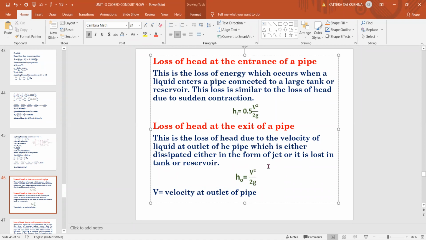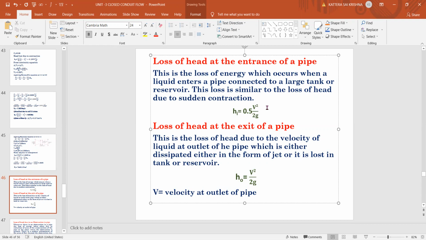So this V is the velocity of the fluid in the pipe here also. V is the velocity of the fluid in the pipe. This is the loss of head at the exit of the pipe. So at the inlet, if the pipe is connected to a reservoir or tank, there will be some loss which is calculated as HI equal to 0.5 V square by 2G.